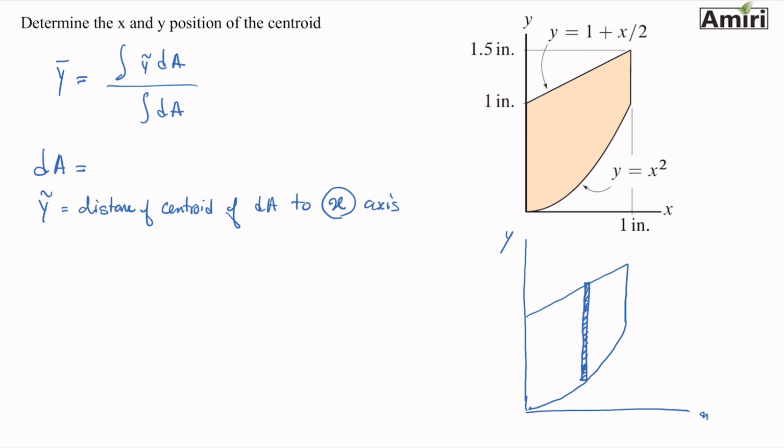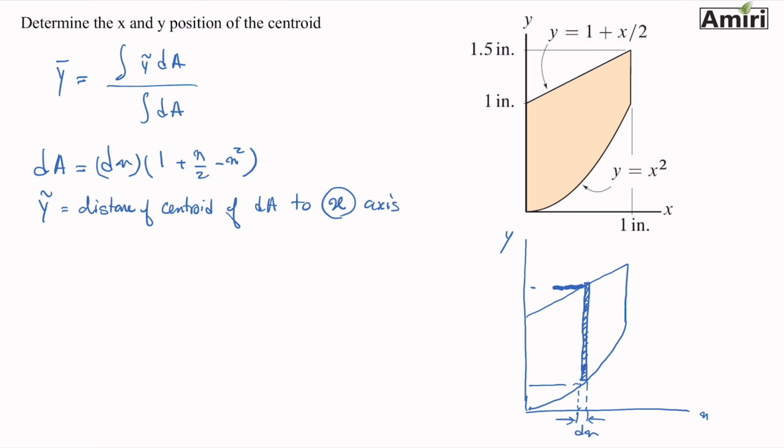All right. The width is still dx. The length is still the same, so it's going to be 1 plus x over 2 minus x squared. Same as before.